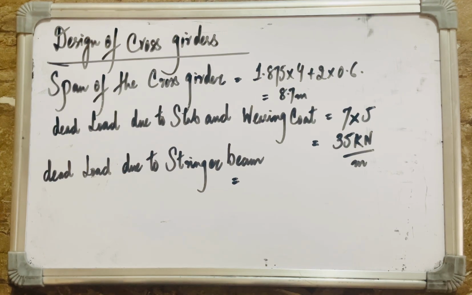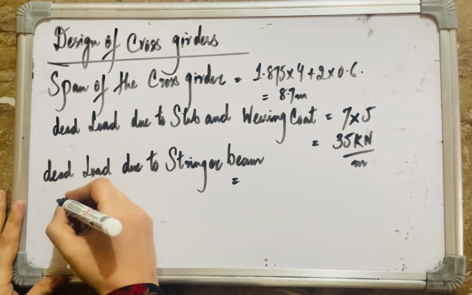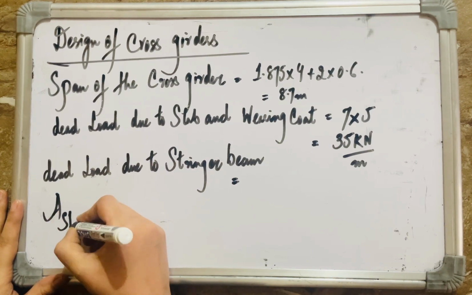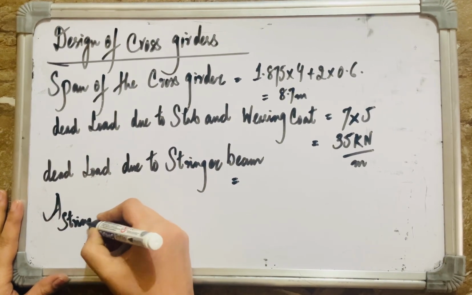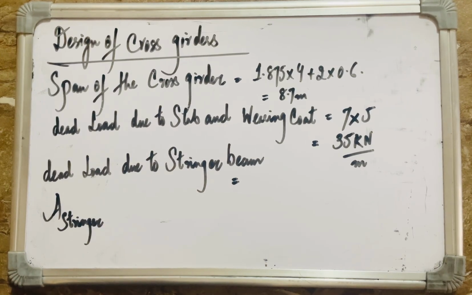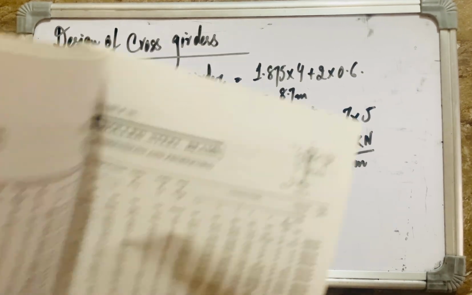Why? Because we know what type of stringer beam we used. We used ISWB 550, so we know its area. This will be given by our steel table.